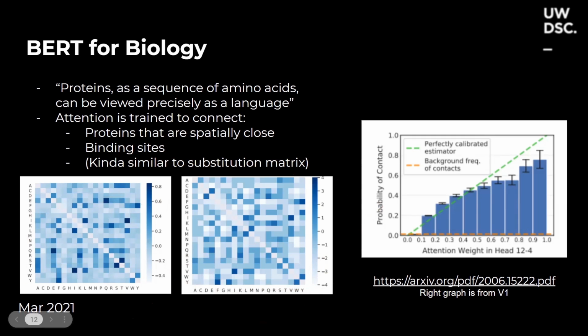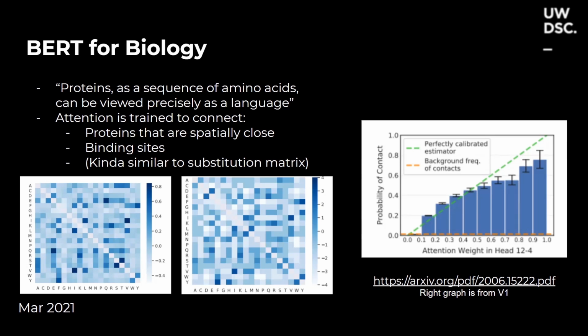There's also another thing that the authors discovered. When they looked at the attention weight in a specific head, they realized that it correlates a little bit to how likely two amino acids are to be in contact within a protein. When you have a sequence of amino acids, they don't just become a long string of things.